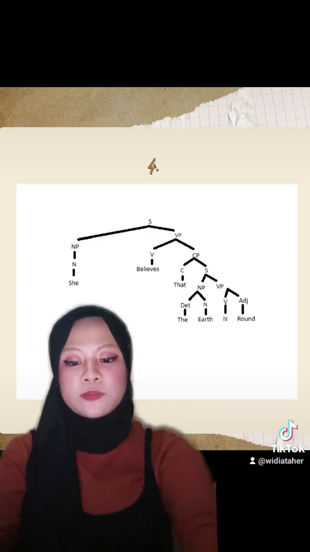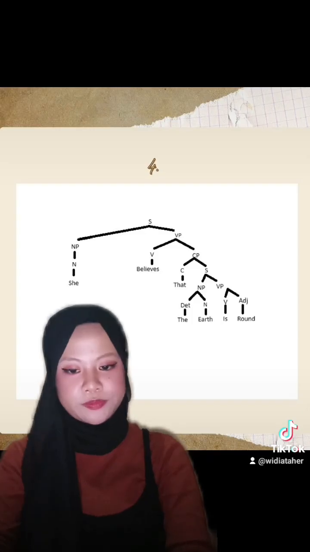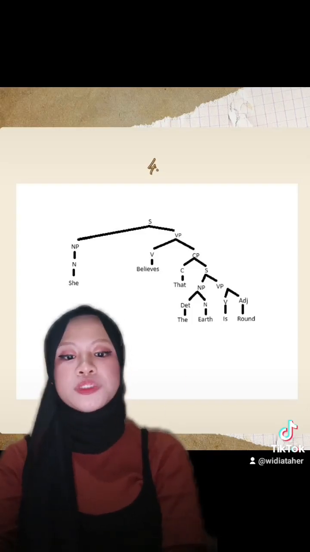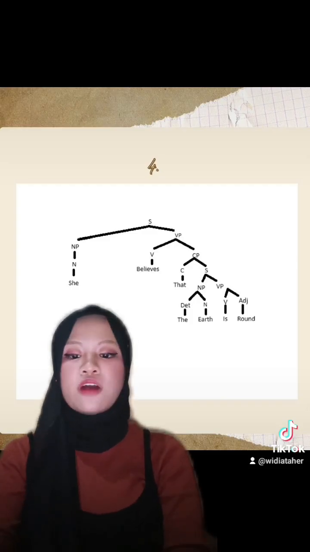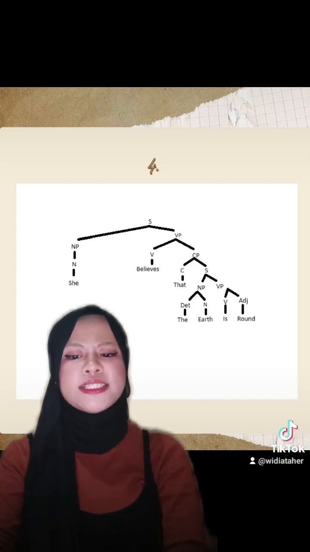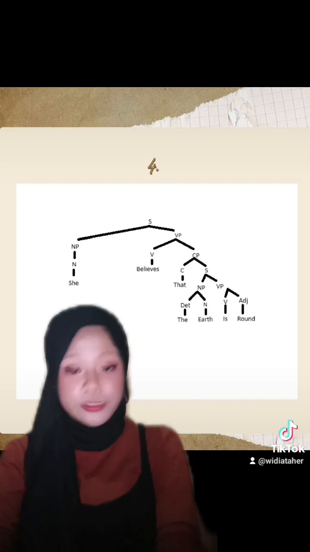The adjective round is the complement in the clause. This tree diagram breaks down the sentence into its core components: the subject she performs the action of believing, and the complement clause that the earth is round explains what she believed.